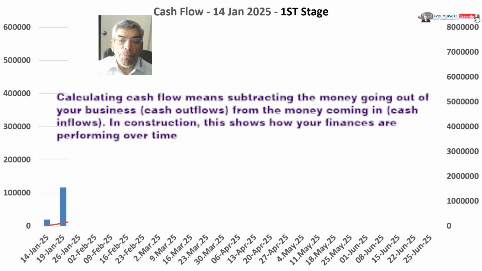Calculating cash flow means subtracting the money going out of your business, the cash outflows, from the money coming in, the cash inflows. In construction, this shows how your finances are performing over time.